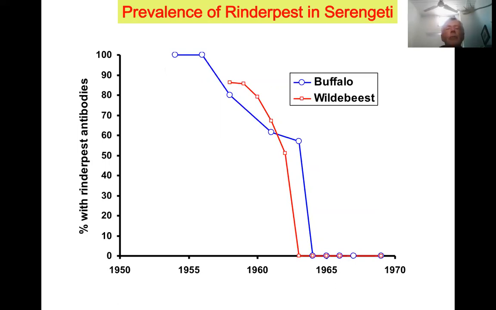They had all been exposed. The inoculation program started somewhere in the early 1960s, and by the late 1960s, it was gone, absolutely exterminated. It's not there anymore. They got rid of it. Amazing.